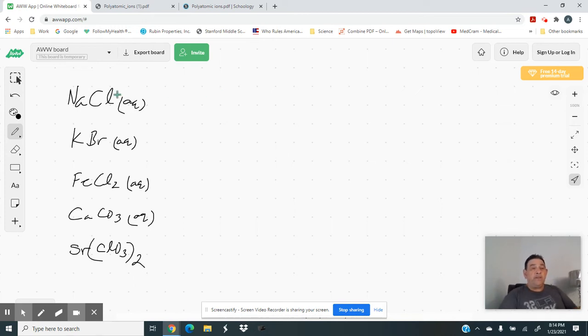So we're going to learn how these aqueous substances are all broken down to their ions. I forgot to put that it's aqueous here, and how they're put into their ions. So let's go ahead and show how that works.